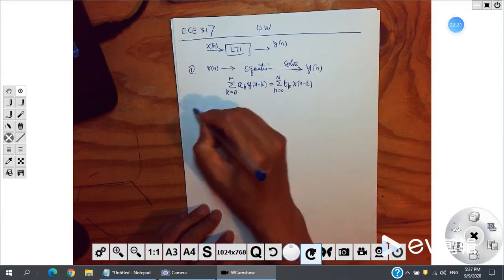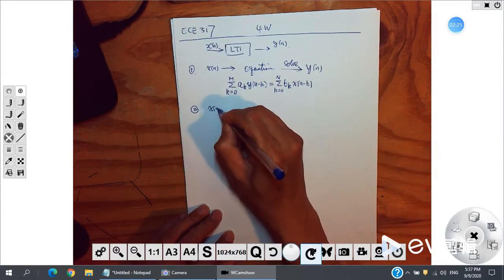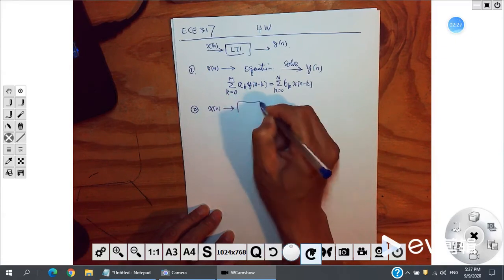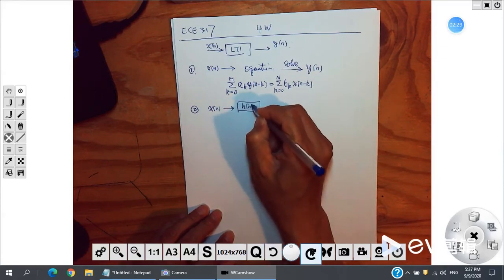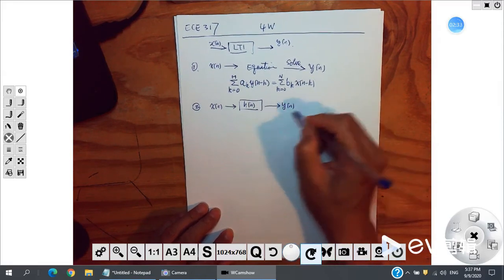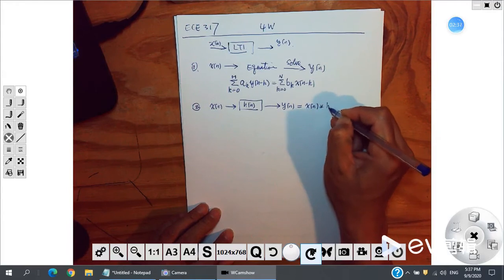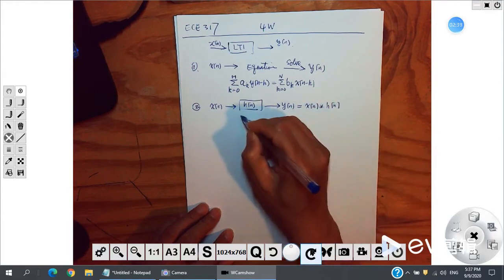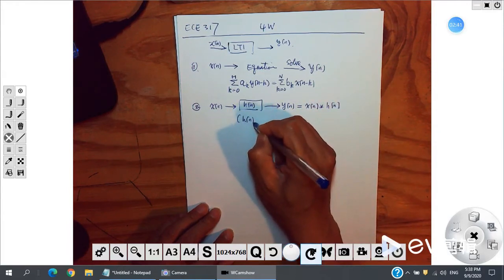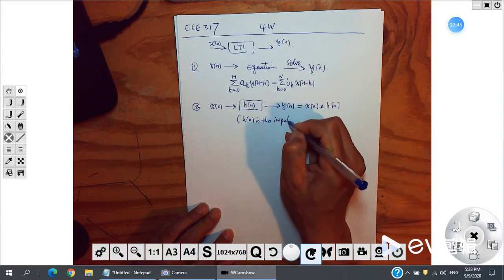And the second way, we use the impulse response. If we know the impulse response, then the output is the input convolved with the impulse response. Here h of n is the impulse response.